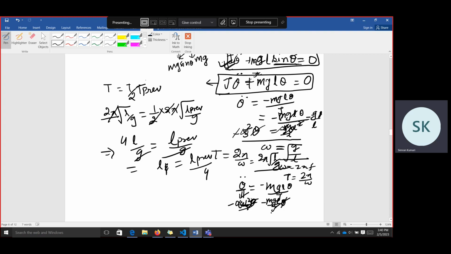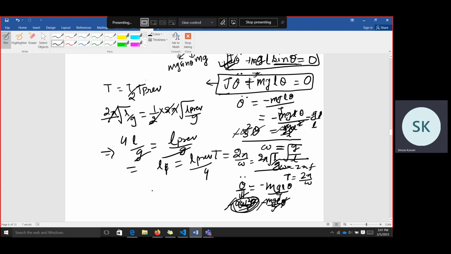And from there you can get the omega, because of this negative term, if you try to find out this time period, then this is a method.